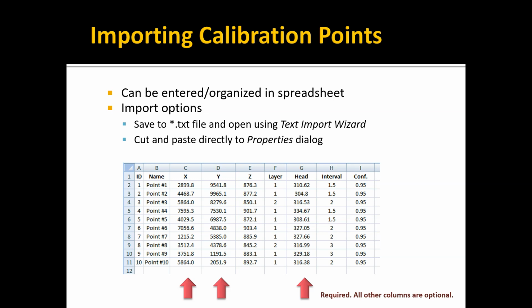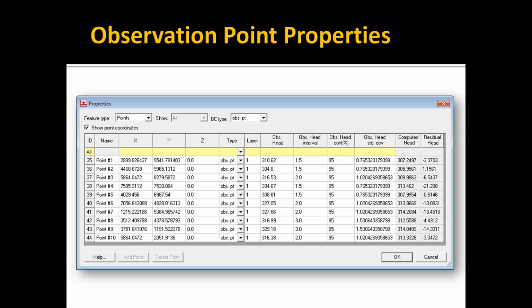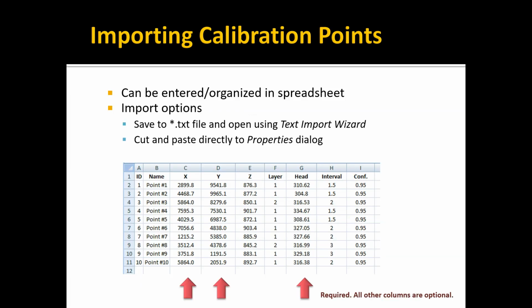A lot of these fields are optional. The only ones that are truly required are X and Y, and the head field. You can manually enter the other values in this table once you've added them, if you like. But you do have to at least have X, Y, and head values as you import those. So it's a very easy process.